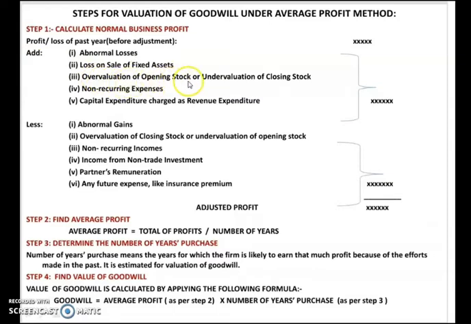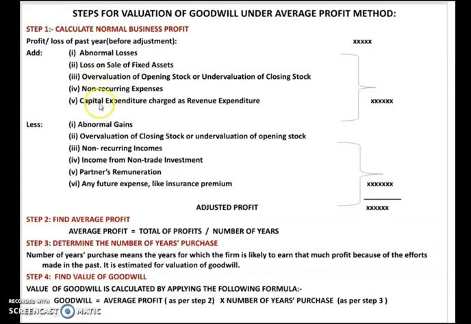Overvaluation of opening stock or undervaluation of closing stock, that will also be added. Then non-recurring expenses, that will also be added. Capital expenditure charged as revenue expenditure. So if there is any capital expenditure but it was charged as revenue expenditure, then that also has to be added. So these are some of the items which have to be added.